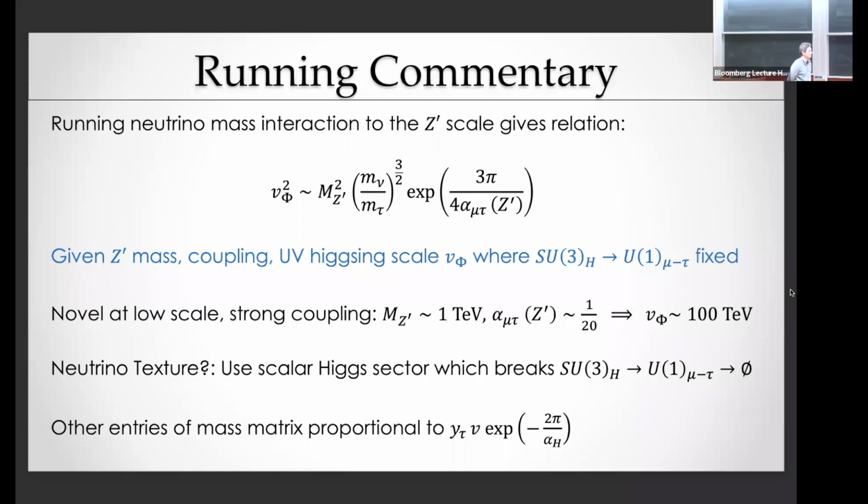Yeah, I don't have a sharp answer right now, but I can turn the question around and make it sound positive. It's a clue. What should you impose about the short distance theory such that this reasoning will be completely justified?